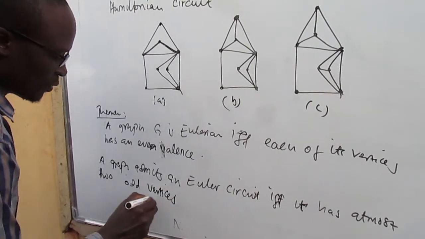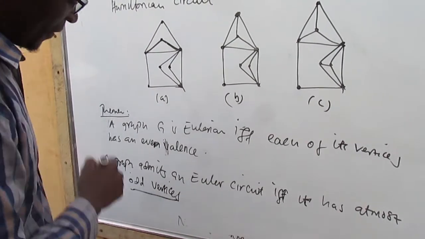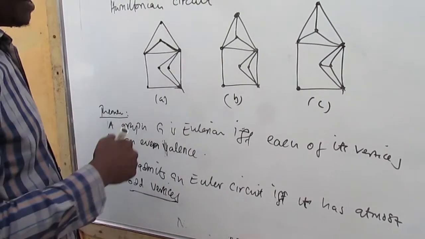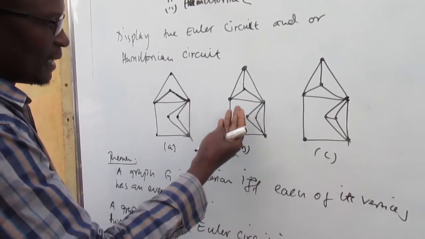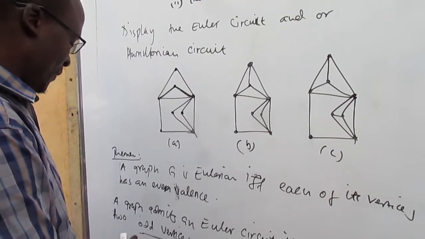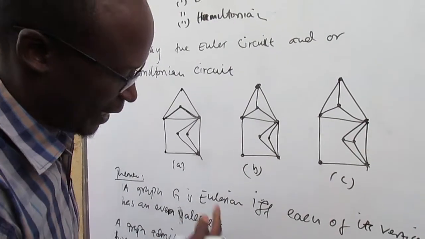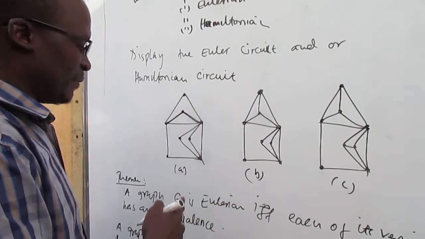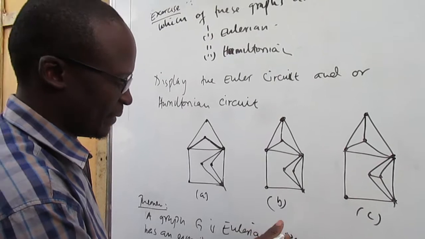When we talk about odd vertices, we simply mean vertices of odd degree or odd valence. So once again, it will be important for you to do a spot check to see if your graph admits an Euler circuit instead of just starting to find one, because sometimes some of these circuits may be a bit involved to find.